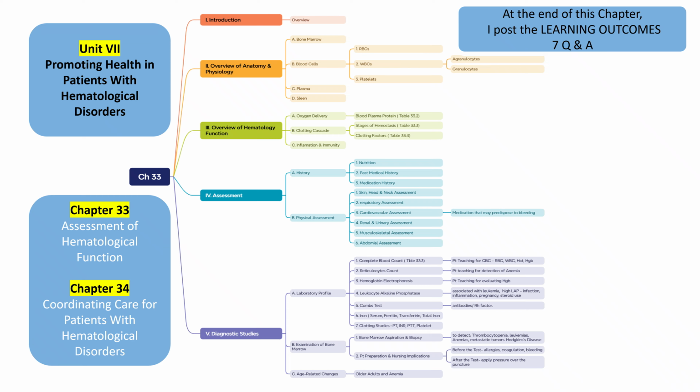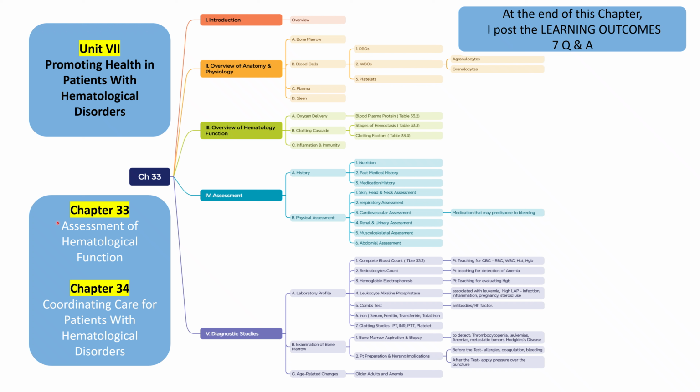So we have Unit 7. Unit 7, promoting health in patients with hematological disorders, so the blood disorders. And in this video we have chapter 33 from Davis, assessment of hematological function.